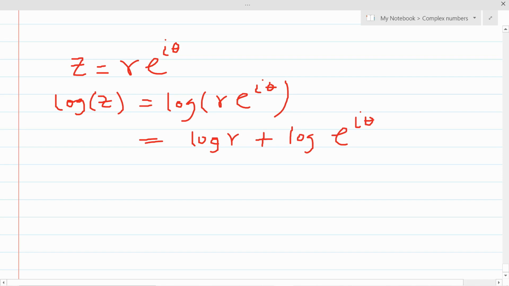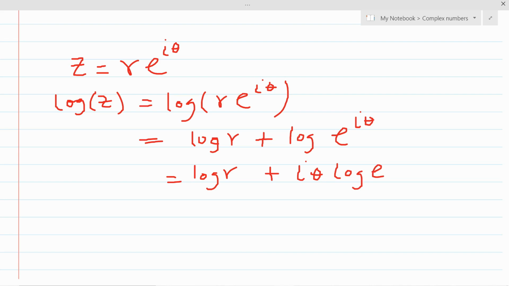Now this will give me log of r plus i theta log of e. Mind you, we are dealing with the natural logarithm, so the base is e, and so log of e will be 1, since this is the same as log of e base e. So it becomes i theta.